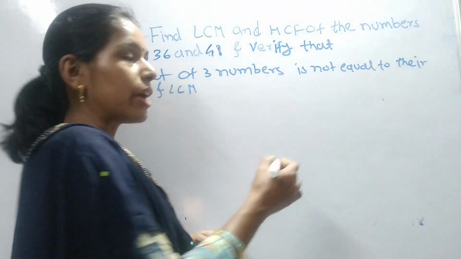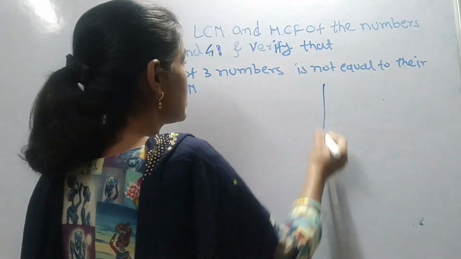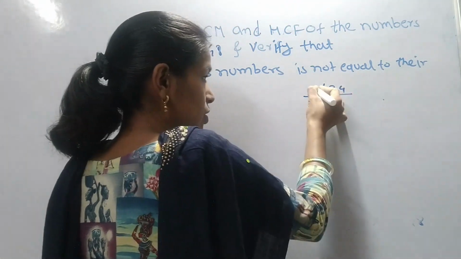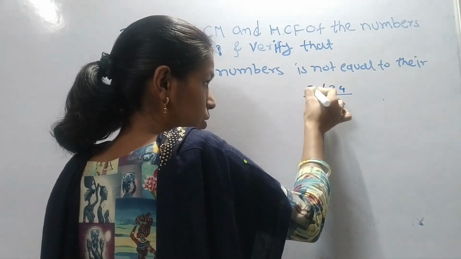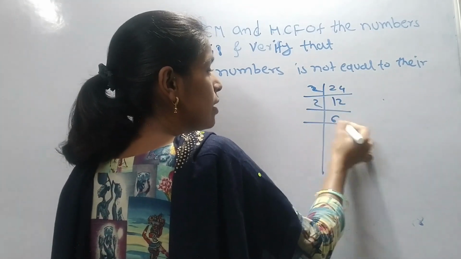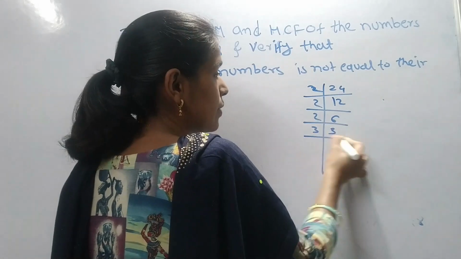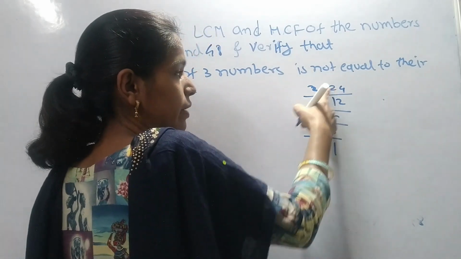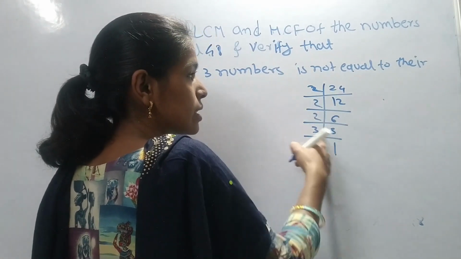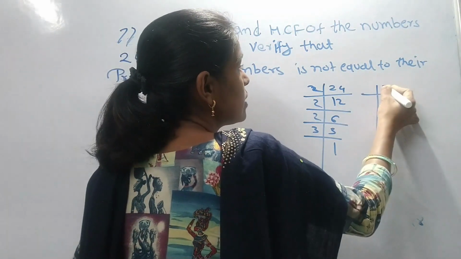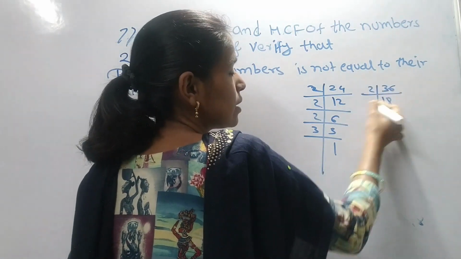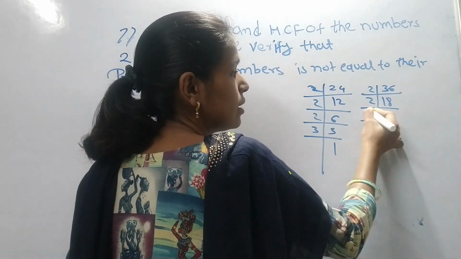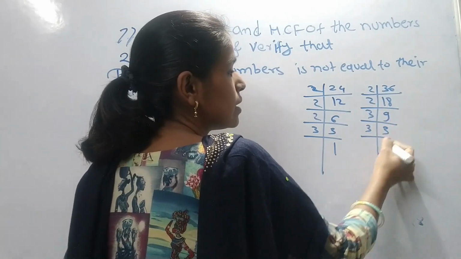Let's find the prime factors of 24, 36 and 48. What are the prime factors of 24? 2 12s are 24, 2 6s are 12, 2 3s are 6, 3 1s are 3. Then 36 has a factorization: 2 18s are 36, 2 9s are 18, 3 3s are 9 and 3 1s are 3.